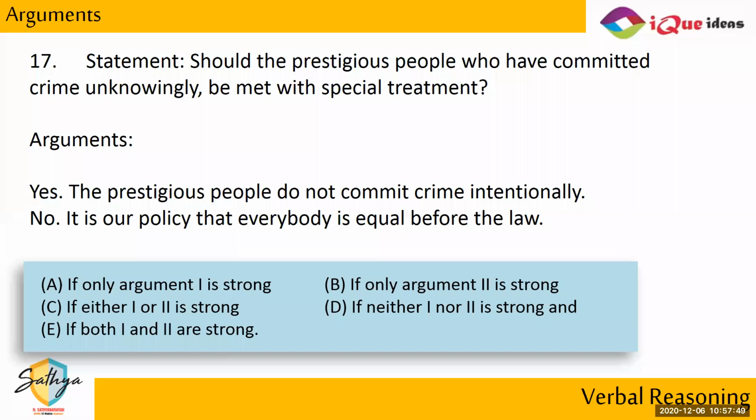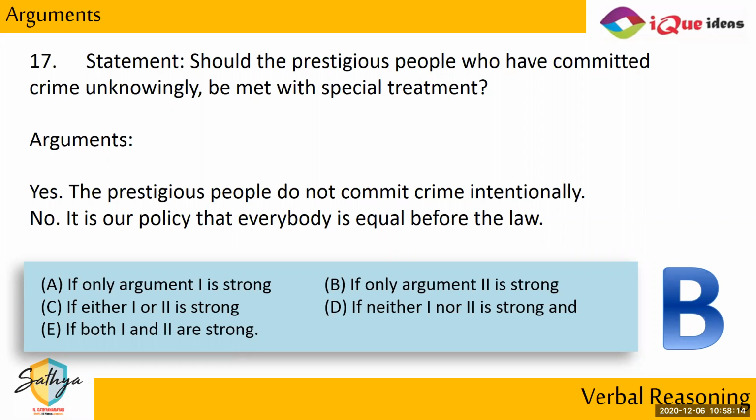Is it our policy that everybody is equal before the law? Answer is yes. Our constitution says so. Our various laws say so. Yes, it is our policy that everybody is equal before the law. And if everybody is equal, can you give special treatment to some people? No, you cannot. So the second argument is absolutely strong. And hence, B is the right answer.